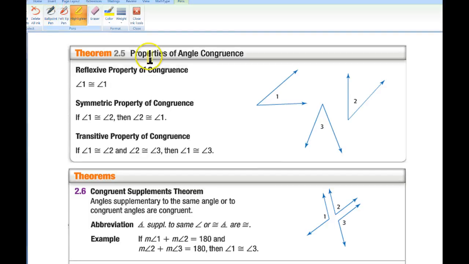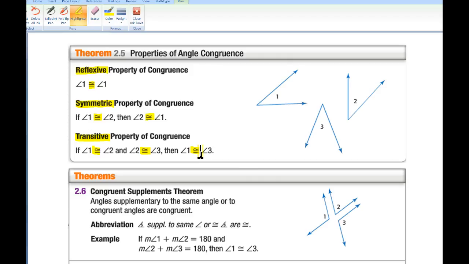Next page, we have the reflexive, symmetric, and transitive properties make their appearance again. It just means that in order to use these properties, because these are all of congruence, we don't have to switch back and forth from equals to congruent. We can just use the congruent sign.